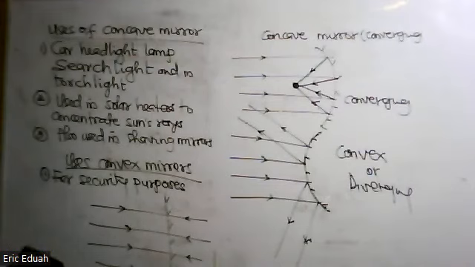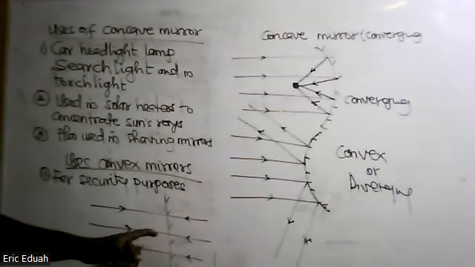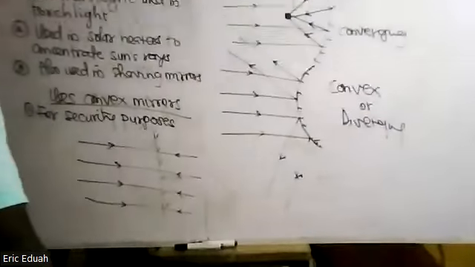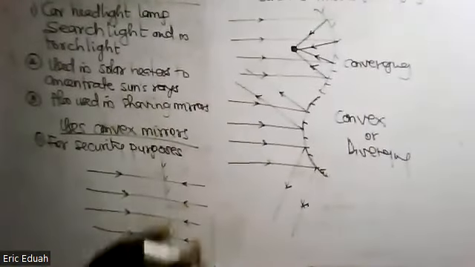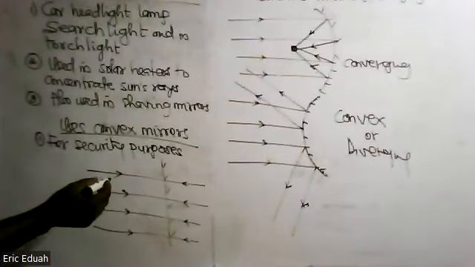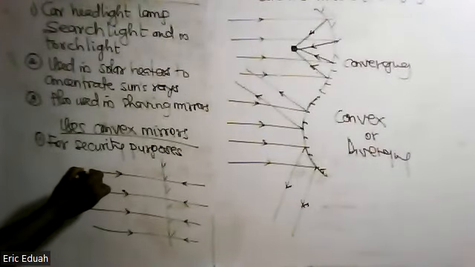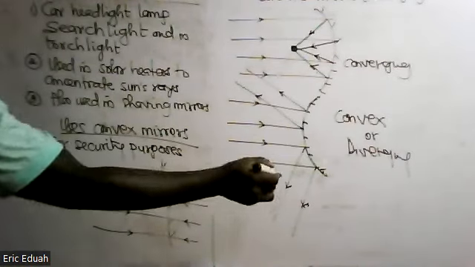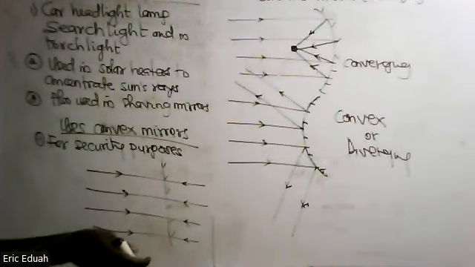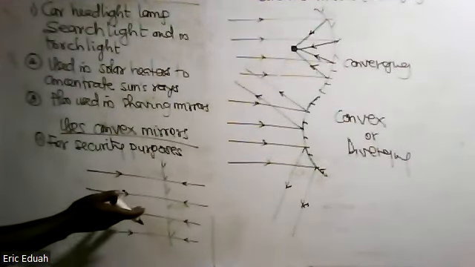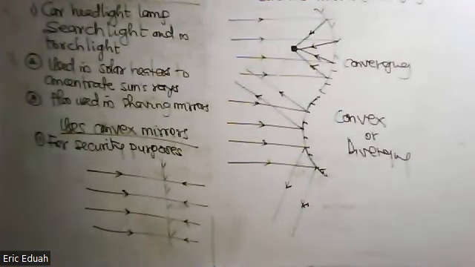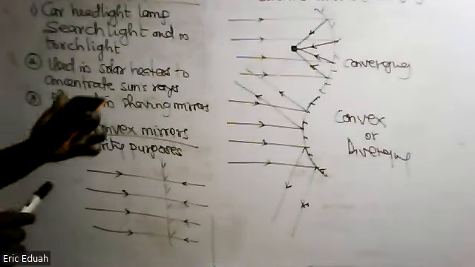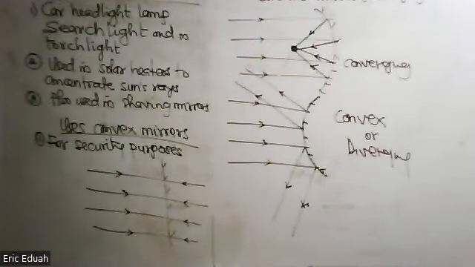It will neither converge nor diverge rays. That is why in one of the rules, I said when a ray of light hits the mirror perpendicularly, it goes straight and is reflected along the same path. So this is how plane mirrors behave with rays that are coming to them parallel. But for convex and divergent mirrors, this is how they behave to parallel rays.